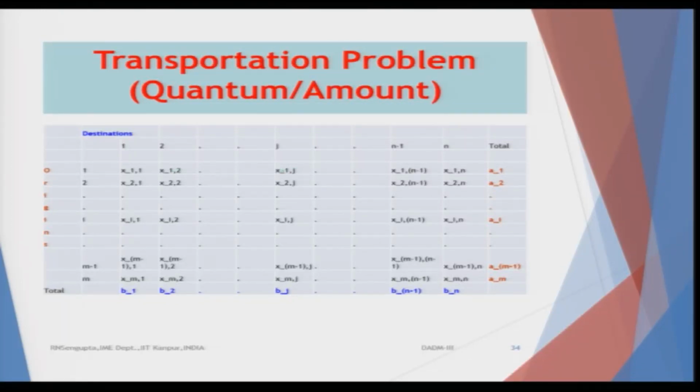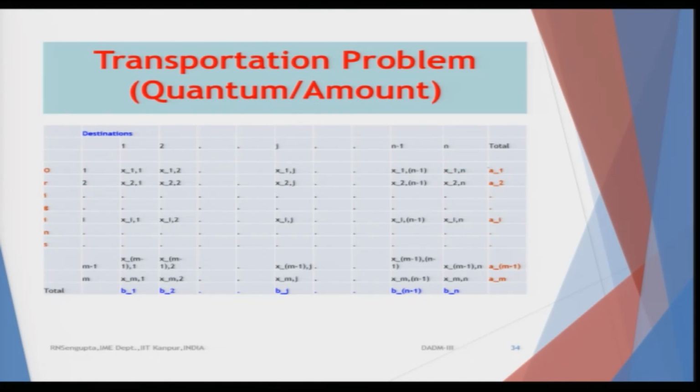Similarly, x 1 j from origin 1 to the jth destination. The second last one, x 1 comma n minus 1, is the total quantum of goods I am going to transport from the first origin to the n minus 1 destination, and to the final nth destination the total quantum of goods supplied is x 1 comma n.